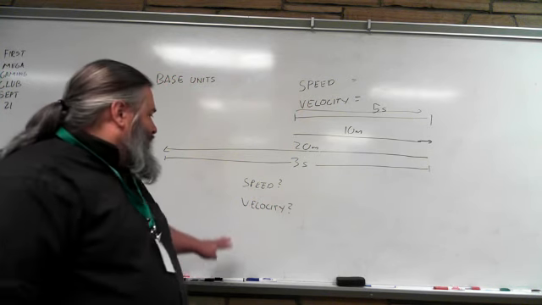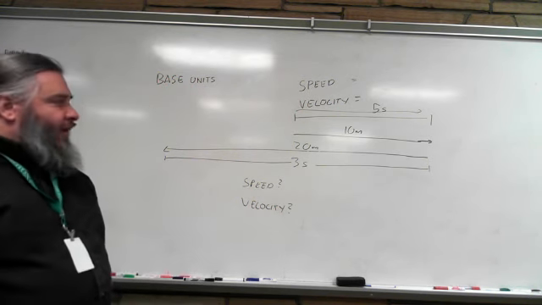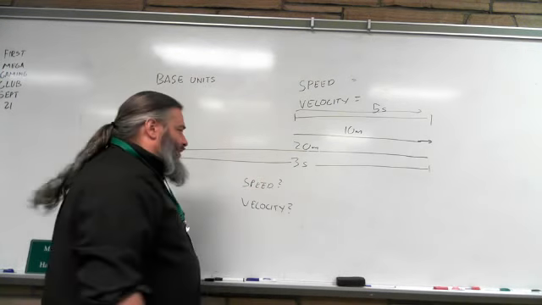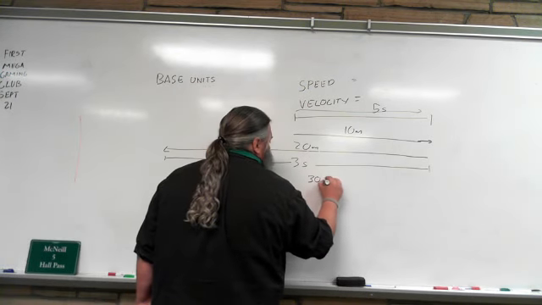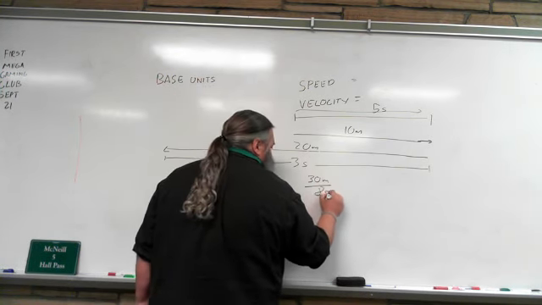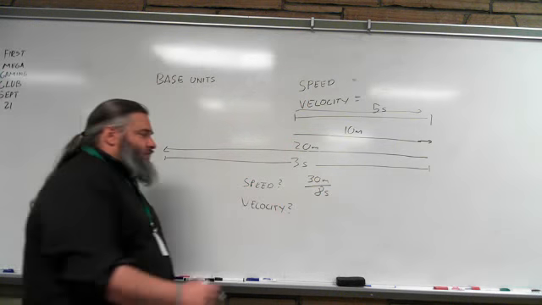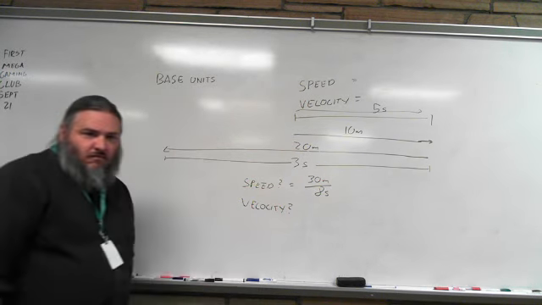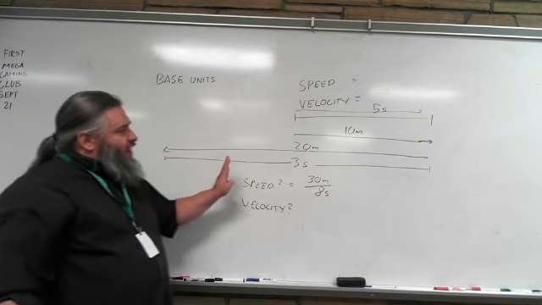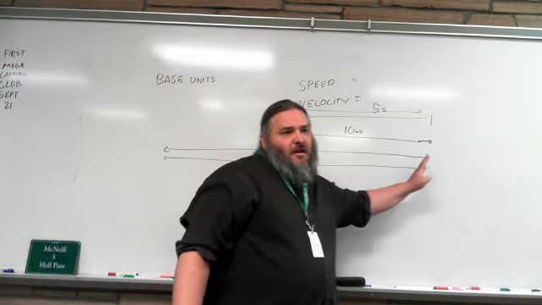Cool? So speed is distance divided by time. It goes a total of 30 meters and does it in 8 seconds. Now in this case it goes 10 positive and 20 negative.